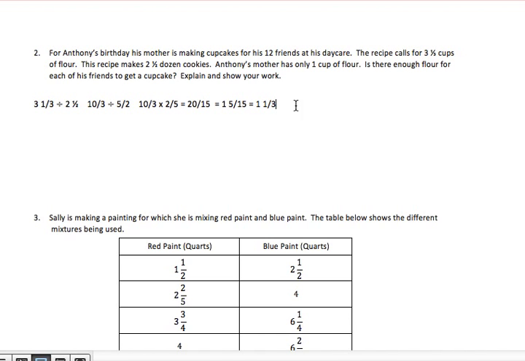So that number translated would be 1 1/3 cups of flour per dozen cupcakes. In which case we can see that if Anthony's mother only has 1 cup of flour, she does not have enough flour for each of his friends to get a cupcake.